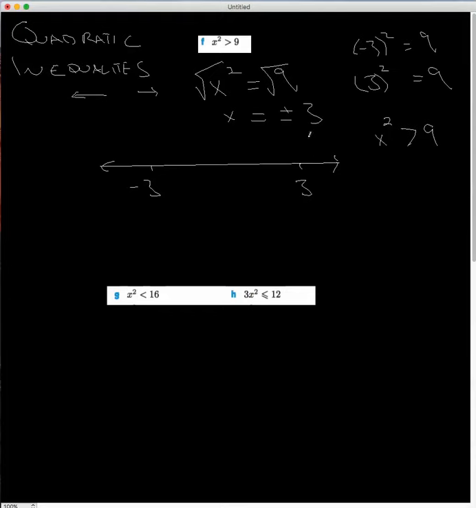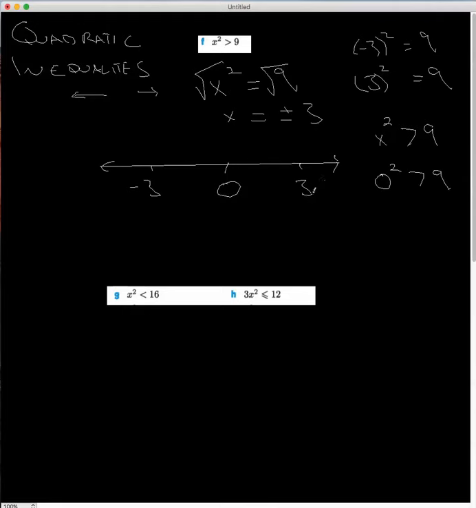If it's not true, then we have this case where we have arrows pointing out with a space in between. So for example, if I use, say, 0, is 0 squared greater than 9? It's not, okay? And if you choose any point in between negative 3 and 3, you will always find that this is false.